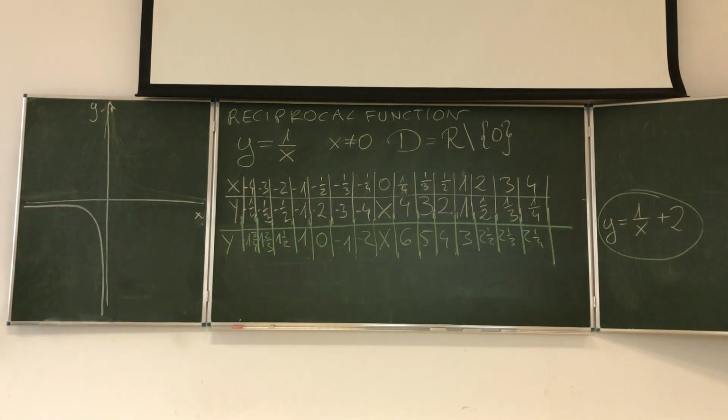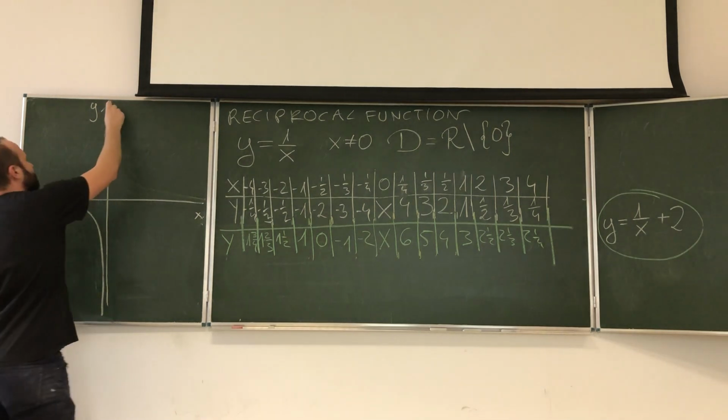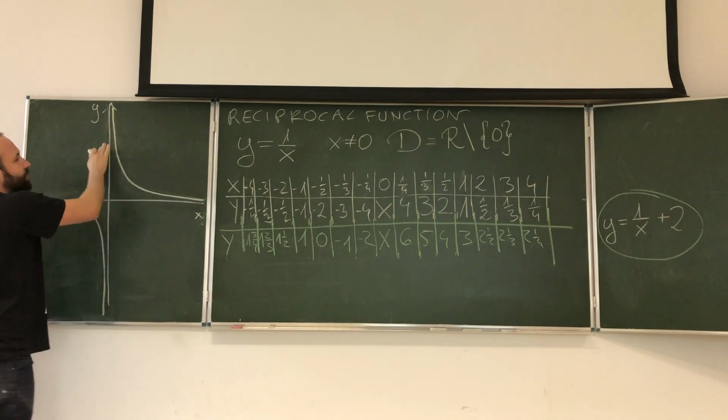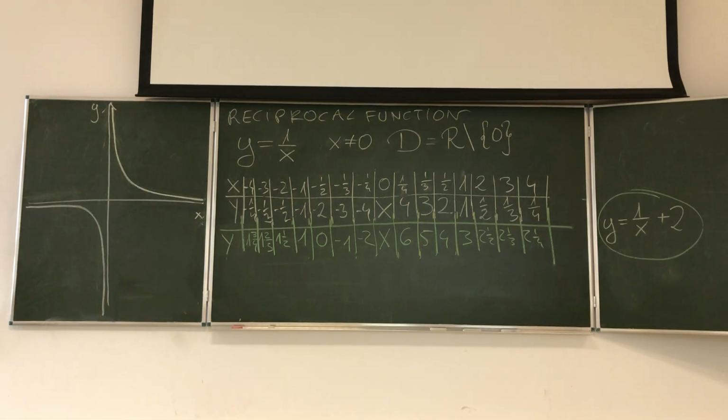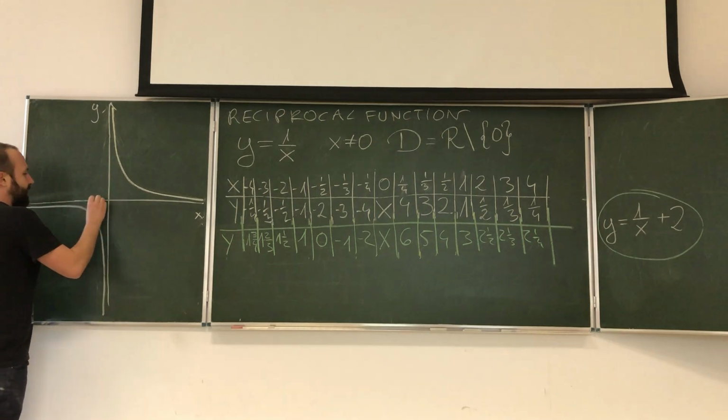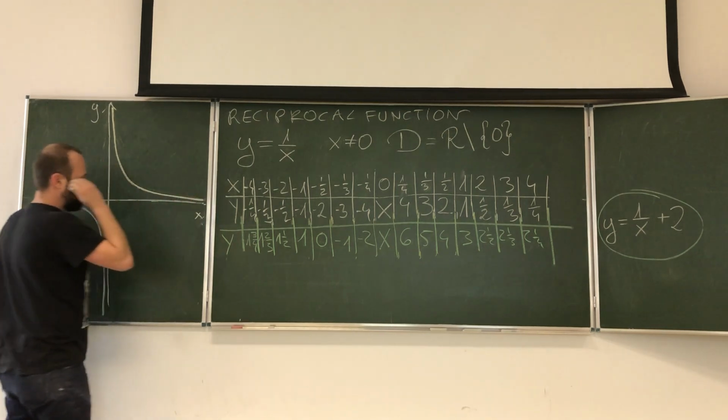And now, if this is the original, how should I draw the new one? Well, there are a lot of possibilities, but of course we want to get the easiest. And look, remember that over here there is an invisible asymptote, right?